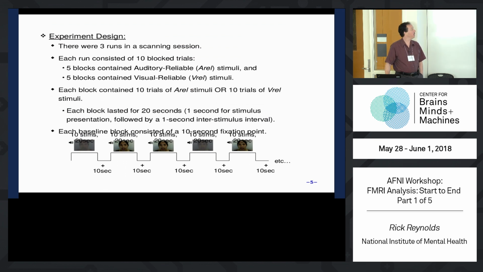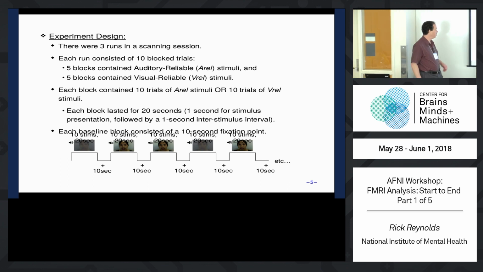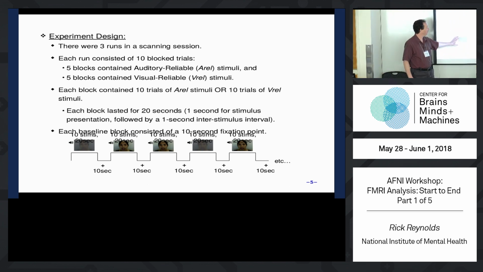So we have 3 runs of 10 blocks, pseudo-randomized blocks, with 5 blocks per condition type in each run.